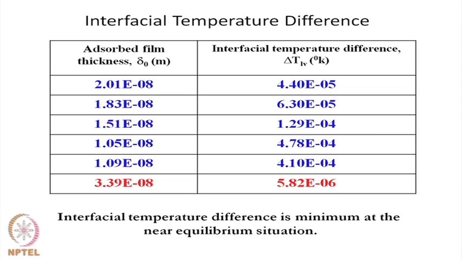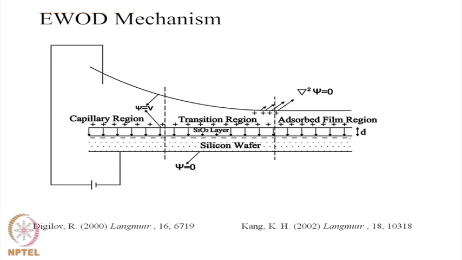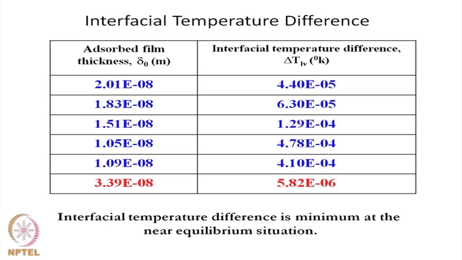I call it a near equilibrium situation. It is not exactly at equilibrium. And what we have seen is that this specific point gives us a value of Hamaker constant or dispersion constant, which is very close to the value predicted from the DLVO theory.